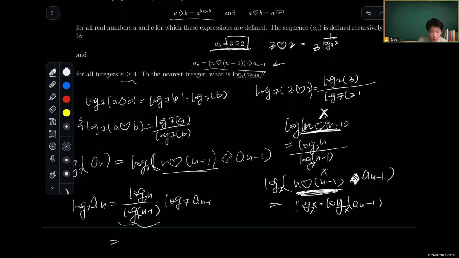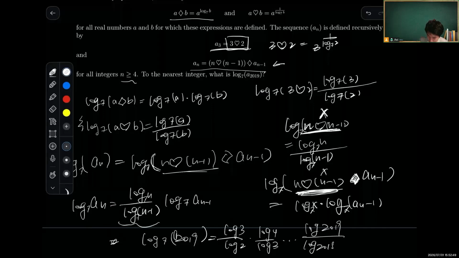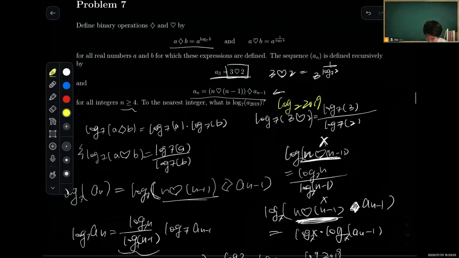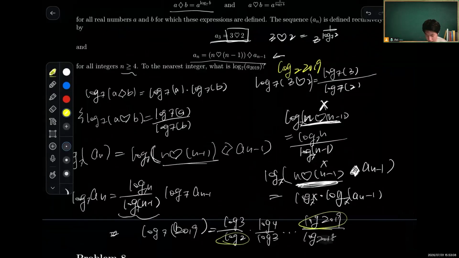This thing here can be written as a logarithm because of the change of base, but it doesn't truly matter. Why? It is because log base 7 of a_2019 is actually simply equal to log 3 over log 2 times log 4 over log 3, etc., all the way up to log 2019 over log 2018. So that means log 7 of a_2019 is log base 2 of 2019, because the only terms left are these after canceling.